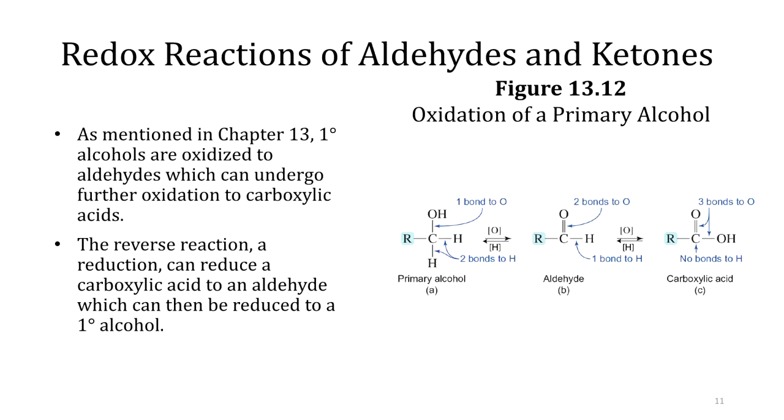We'll discuss carboxylic acids later in this chapter. So aldehydes are oxidized to carboxylic acids. Aldehydes are reduced to alcohols. So there are two reaction pathways that are important for the aldehyde: oxidation to the carboxylic acid, and reduction to the alcohol.